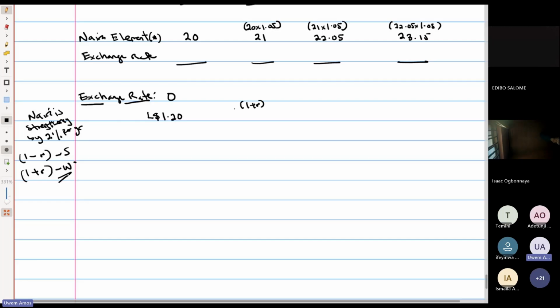If we were given naira, maybe 5 naira or 1.2 naira, and naira is strengthening, and naira is the currency as the variable, we would use 1 minus R. But because we're given 1.2 Lindarian dollar, and Lindarian dollar is weakening, we would use 1 plus R. So what is the percentage rate at which it is weakening? 2%. So that would be 1 plus 2%, which is 2 divided by 100, is 0.02.